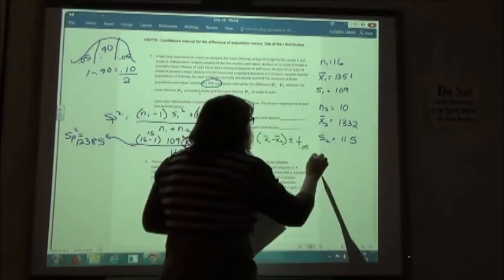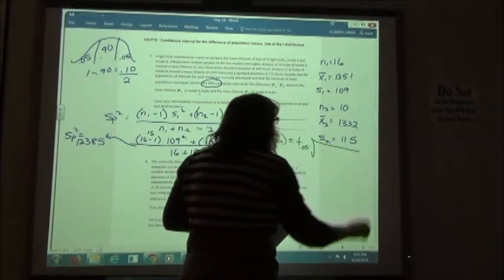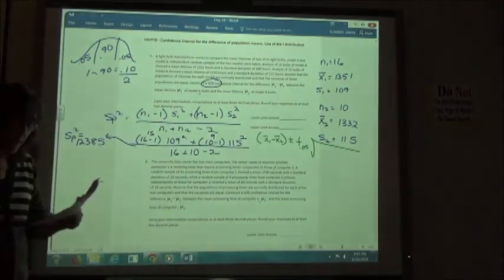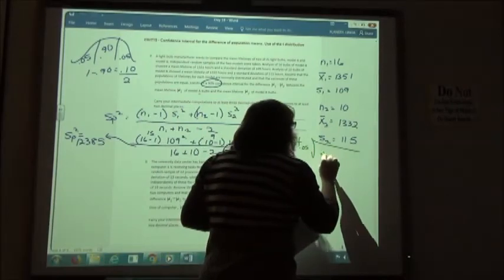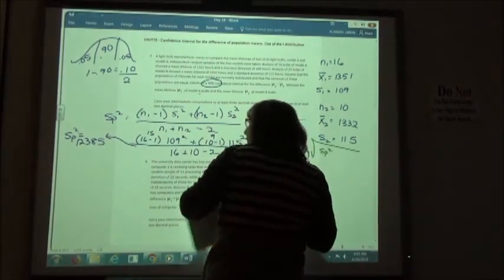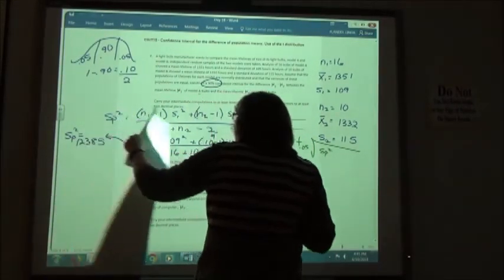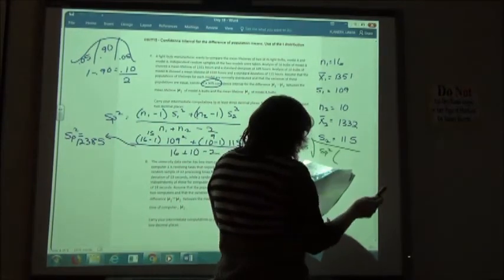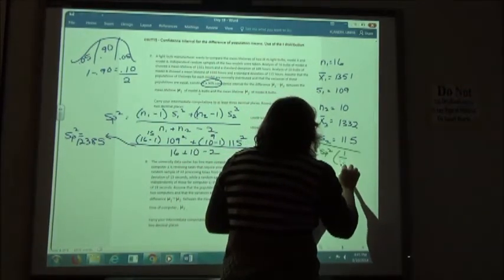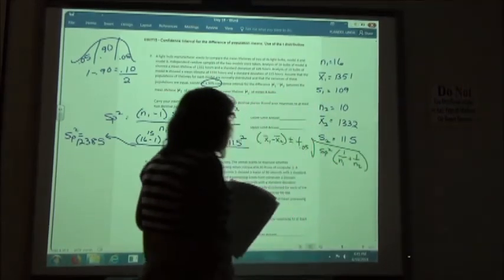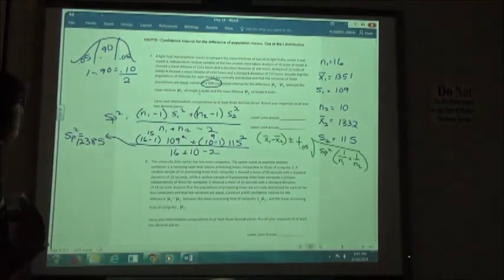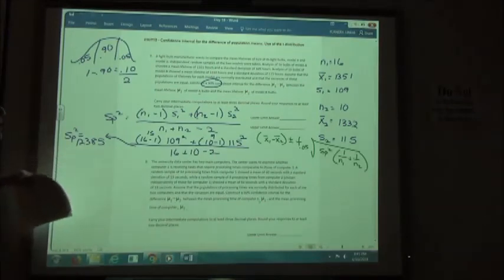And then we're going to have the square root of the S_p squared answer, that number we found over here, times 1 over n1 plus 1 over n2.